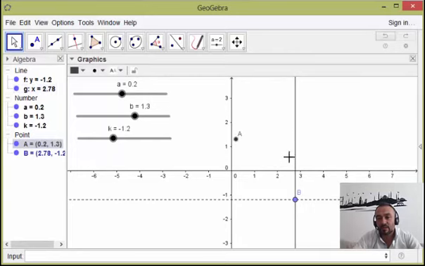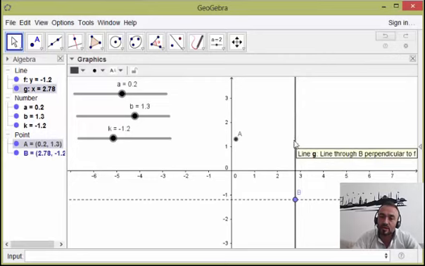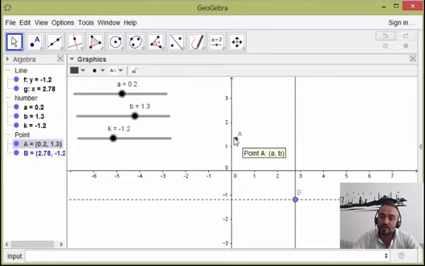This distance and this distance must be the same, and please imagine an imaginary point here. There is a triangle here, and this triangle must be an isosceles triangle.